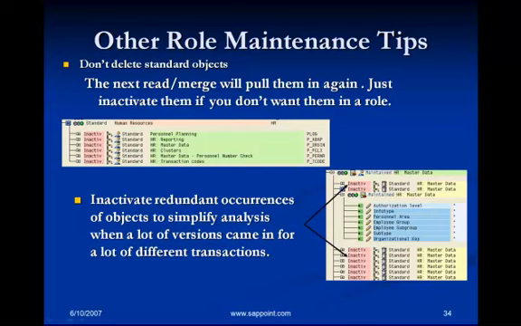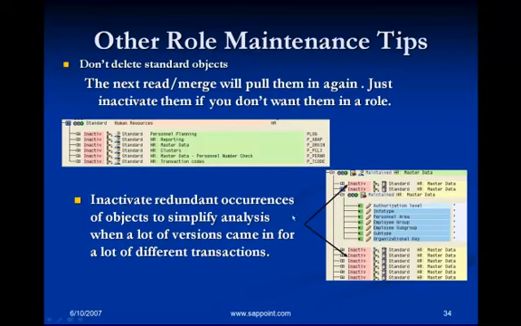Now, when you deactivate an object, don't delete them, because the next time you maintain the authorizations, the system will pull whatever is there in SU24 again. Once you deactivate a standard object, don't delete it by clicking on the delete icon, because next time when you modify the role, it will reappear again.